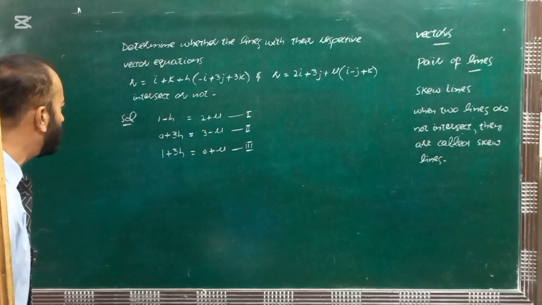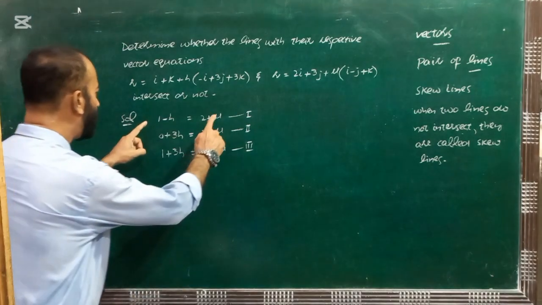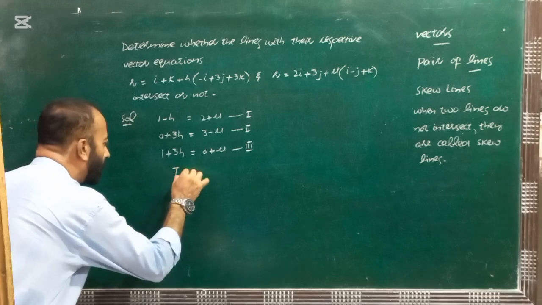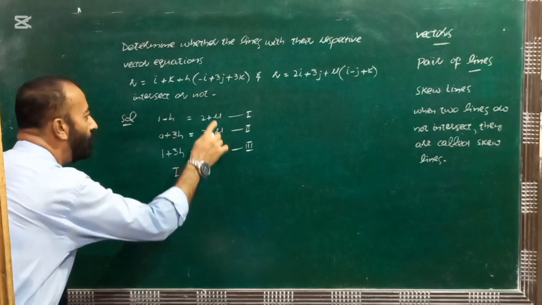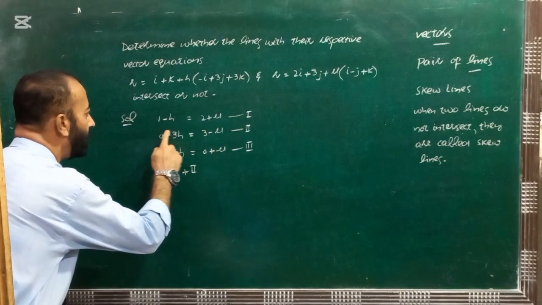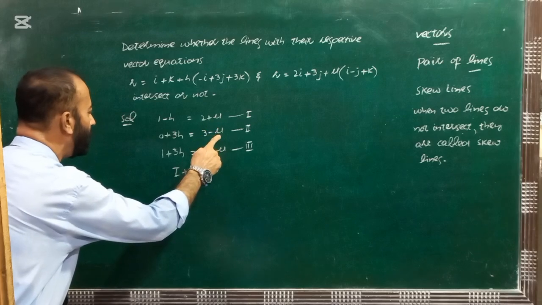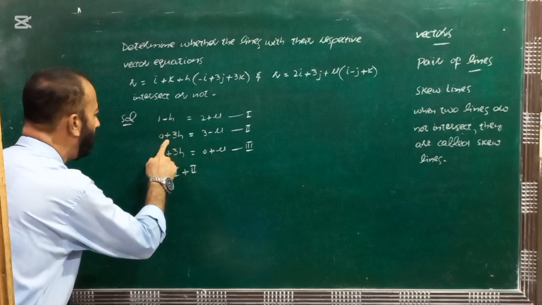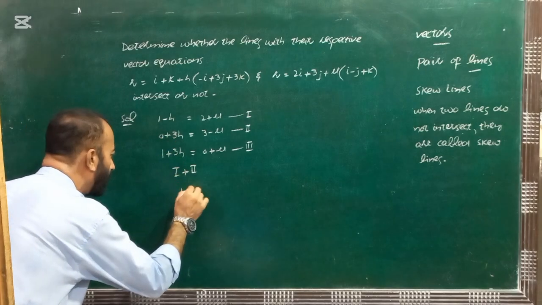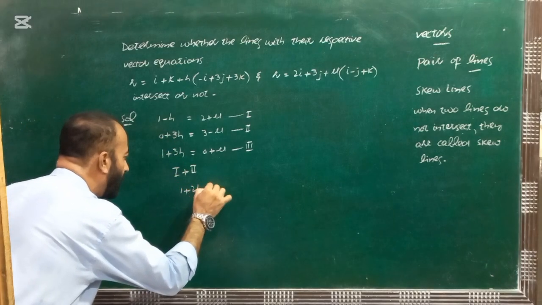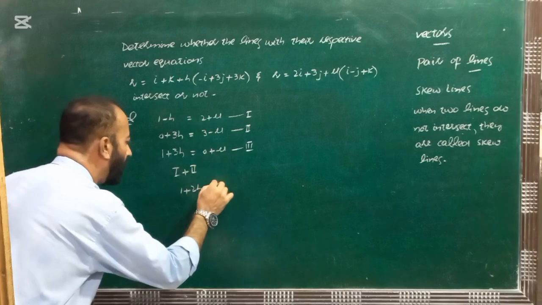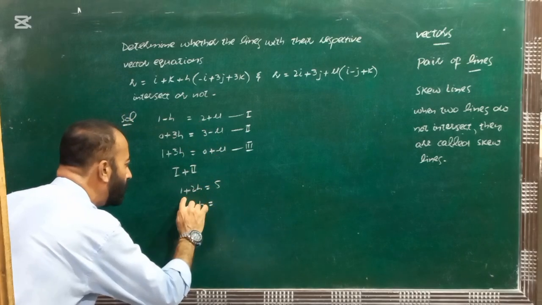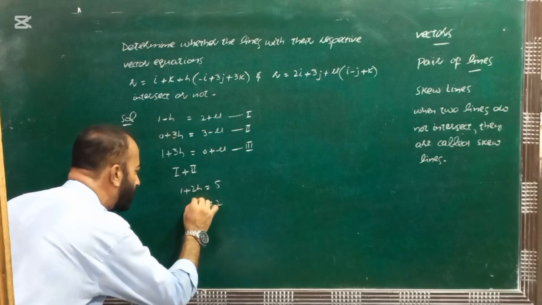So look now, if we simply add equation number 1 and 2, mu will be cancelled, and 1 plus 2 lambda will be equal to 5, and from here lambda will be equal to 4 by 2, so 2.